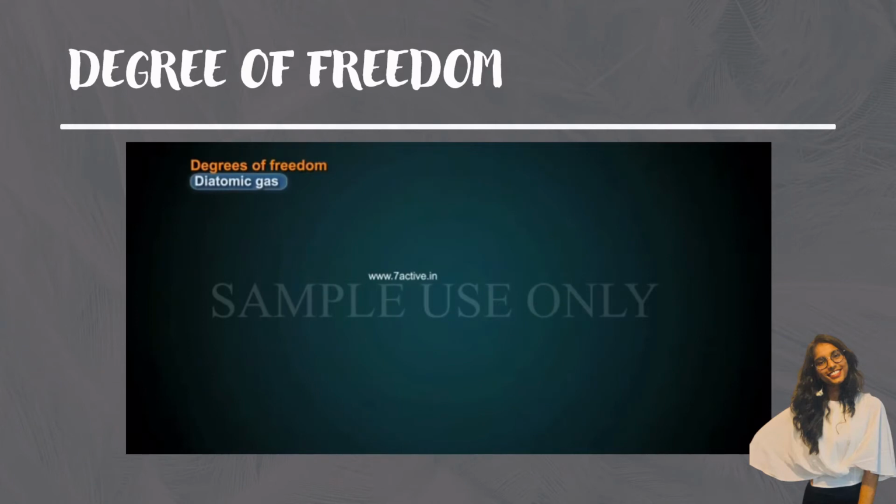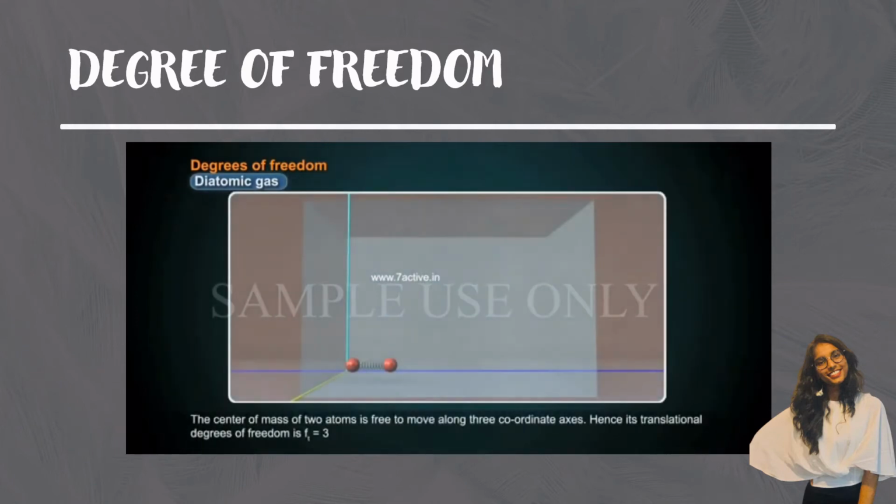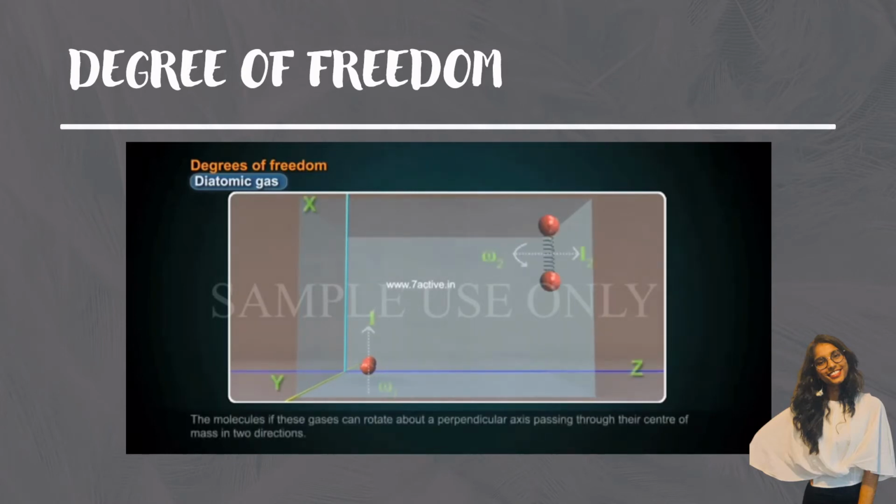Diatomic gas. The center of mass of two atoms is free to move along three coordinate axes. Hence, its translational degrees of freedom Ft is equal to 3. The molecules of these gases can rotate about a perpendicular axis passing through their center of mass in two directions.